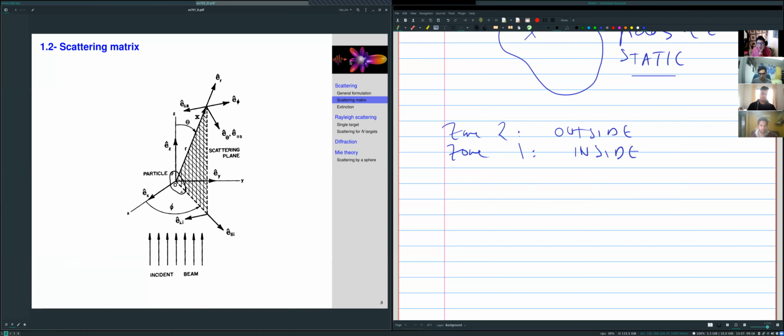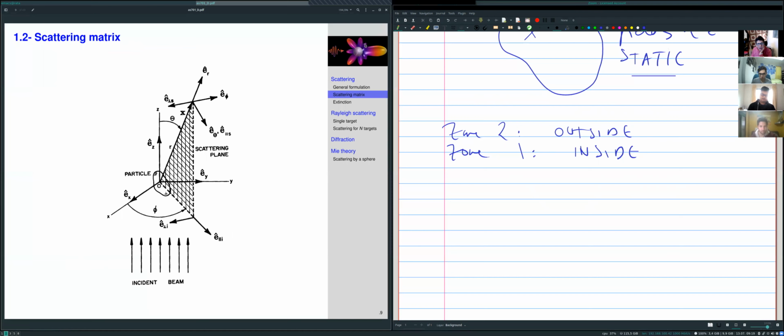Like, for instance, in the upper right corner here on my slide, we see this logo, which is an artist's impression of what is called Mie scattering, which is exactly the same problem as I've been describing to you, but for the case of a hard dielectric sphere. So we have a sphere here made of a dielectric material. You can imagine a sphere of glass, okay, or sand, particle. I mean, it's going to be spherical, okay?